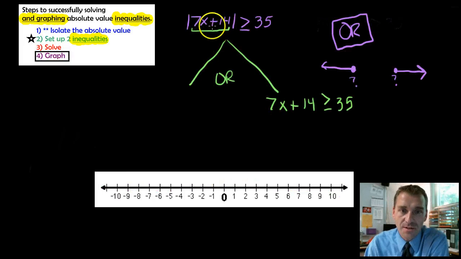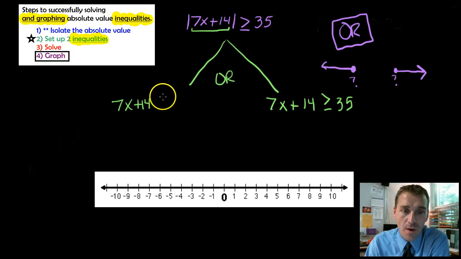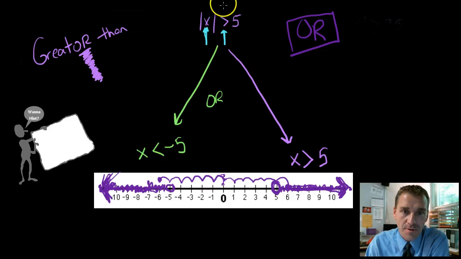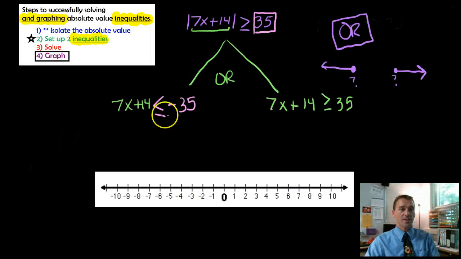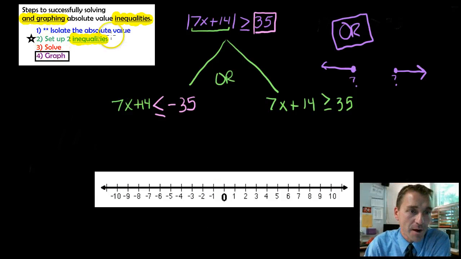So I then take this 7x plus 14, and I say, well, this needs to flip, so I want it to be less than or equal to, and this thing right here changes to now a negative 35, just like we did with this one. The symbol, notice, flipped, and I made it negative. So it's the same exact thing with this one. So that is step number 2.